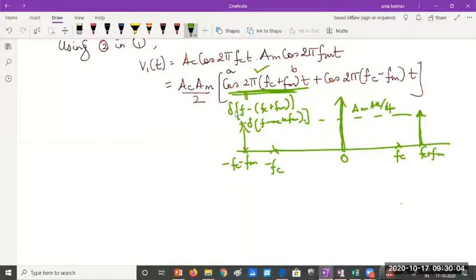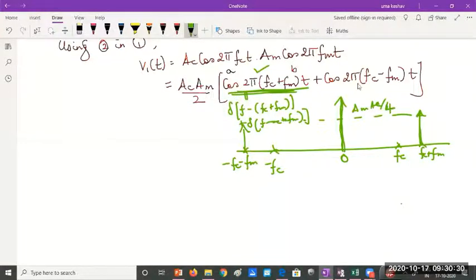Because cosine is equal to the sum of two impulses divided by 2, right? Every cosine signal is a sum of two impulses by 2. So the amplitude becomes by 4 whenever you do a two-sided spectrum. For the same thing, if you write a one-sided spectrum, you need not even divide the amplitude. Keep it the same. Many times I am telling you the same thing so that the concept is clear for you.